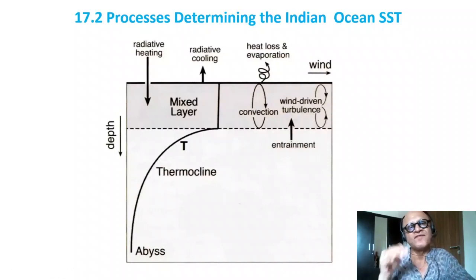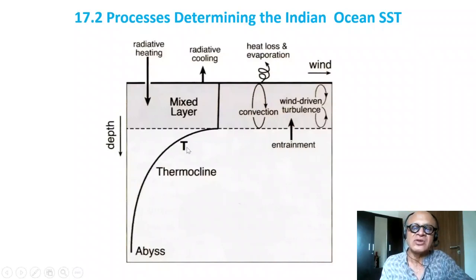Together they give the buoyancy flux, the heat flux and the freshwater flux combined with the kinetic energy from the winds, to determine how much total energy is available for entraining colder, heavier waters from below the thermocline into the mixed layer.